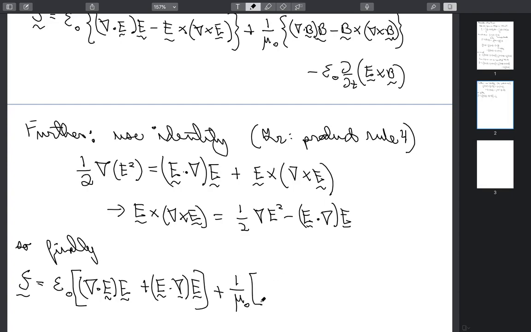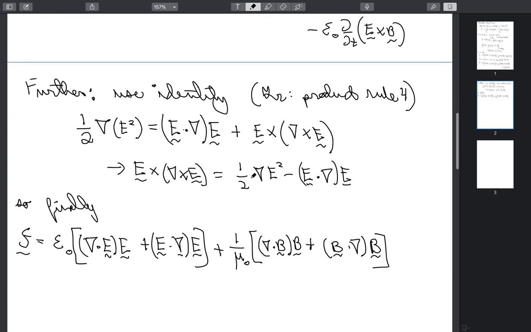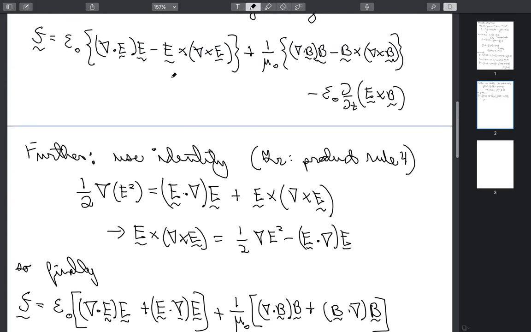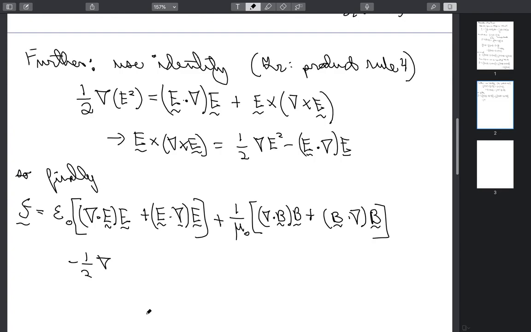So very similar expression, div B acting on B, plus B dotted into grad acting on B. Okay, and now I'm going to write these terms, minus 1/2 the gradient of the bit coming from the electric field and the bit coming from the magnetic field.